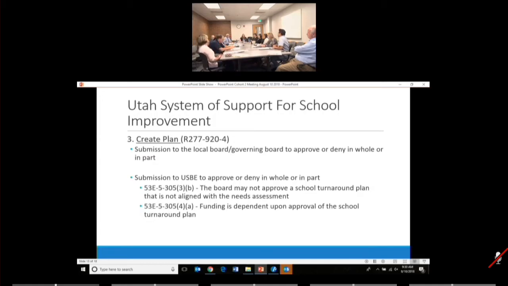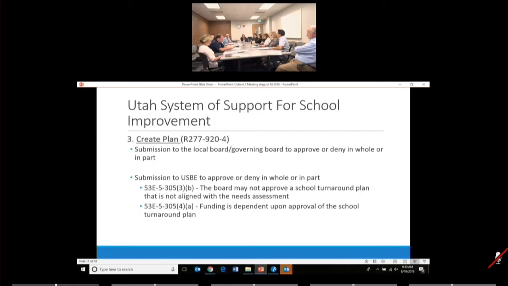Yeah, the bill is really specific about that. The plan needs to be aligned to that needs assessment, but there's no way that the agency is going to be so rigid that we're getting in the way of developing a plan that really addresses the needs of the school and is going to make the biggest impact. So I would agree with what Paul said.